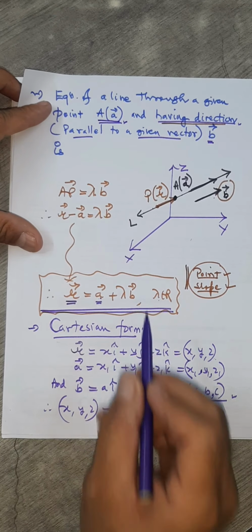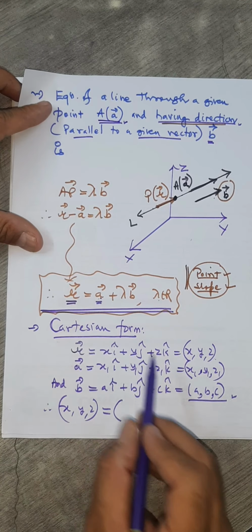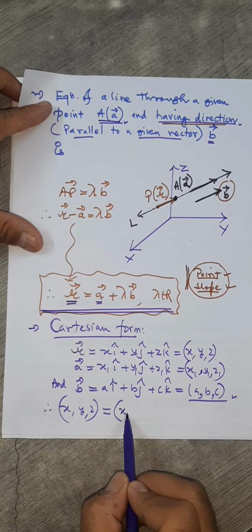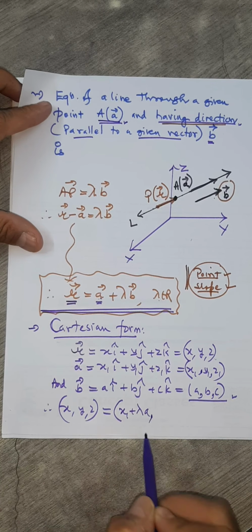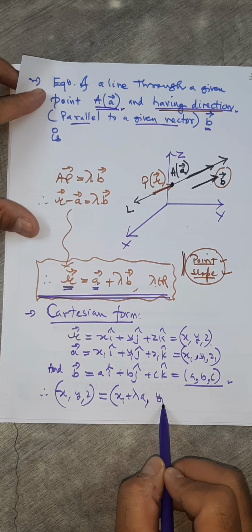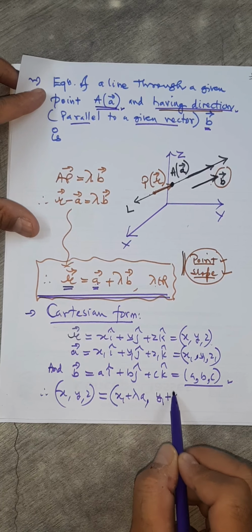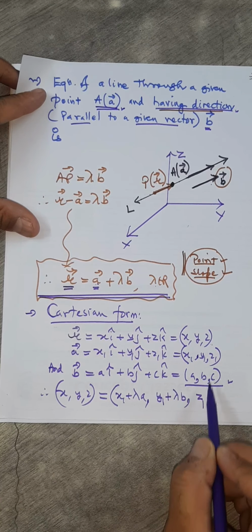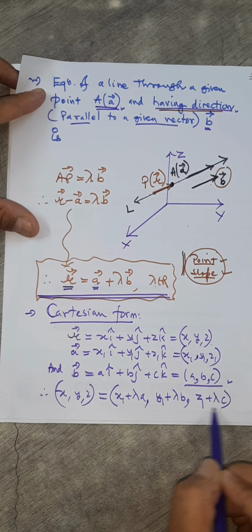On the right hand side you are going to add the components. What's the first component? x1 plus lambda a. Then y1 plus lambda b. And what about the last one? That is z1 plus lambda c.